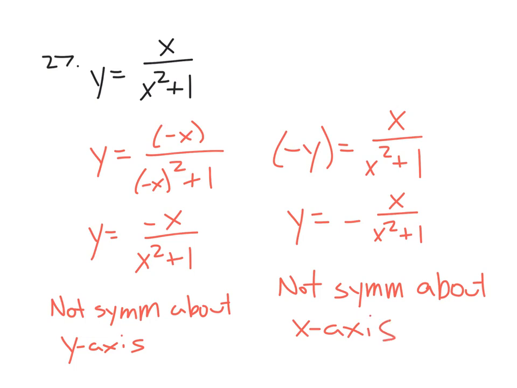All right, so that's what we did yesterday. Nothing's different. But then I tried to take a little shortcut for you guys, but it doesn't work out. I couldn't think of a situation where it would matter, but this one actually matters. So to test about the origin, you've got to substitute y with negative y and x with negative x. So let me scroll down and we'll work that one through.